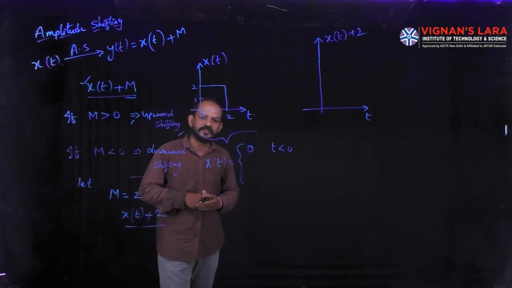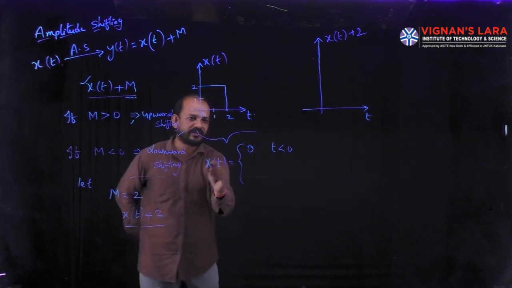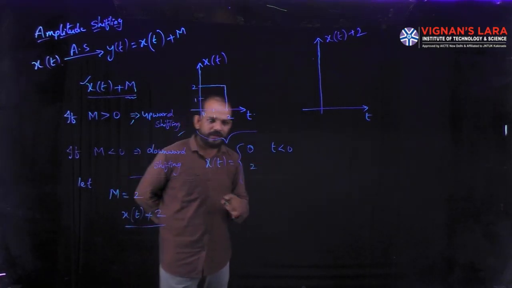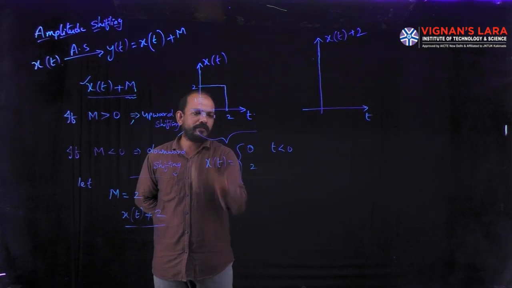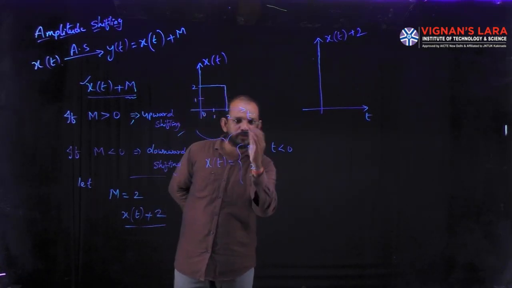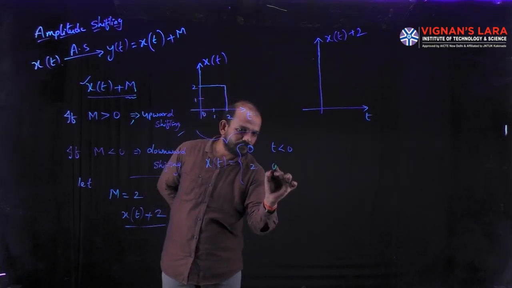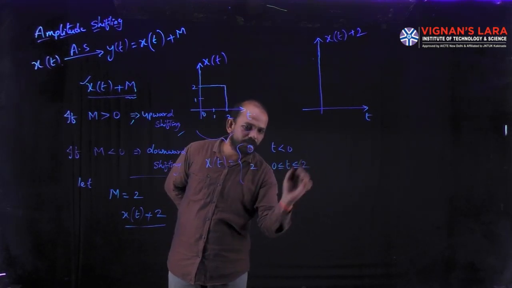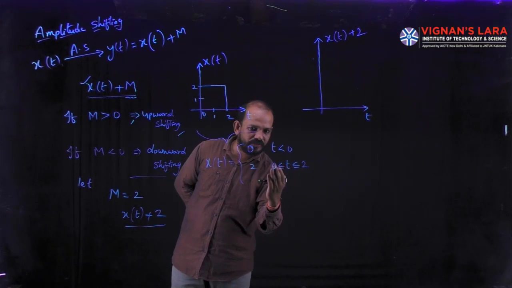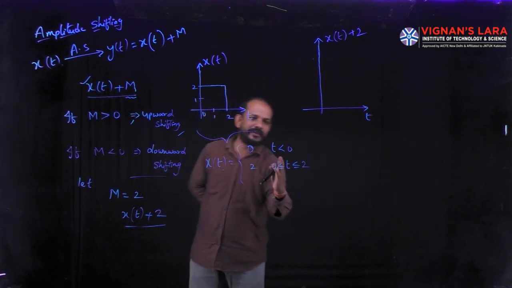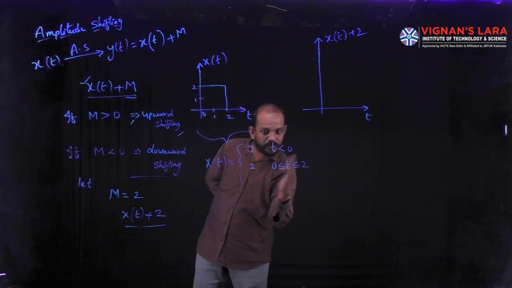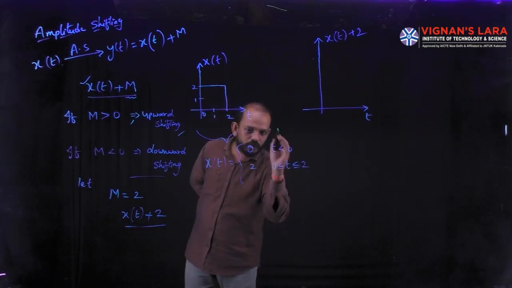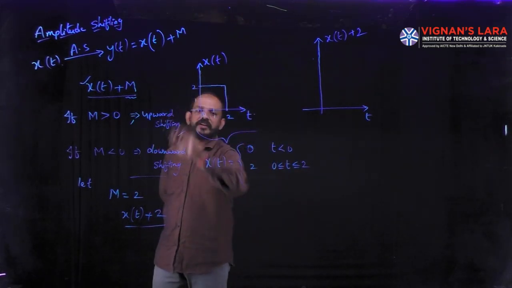So we write x of t is 2 for 0 less than or equal to t less than or equal to 2. Between 0 and 2, the value of x of t is 2.